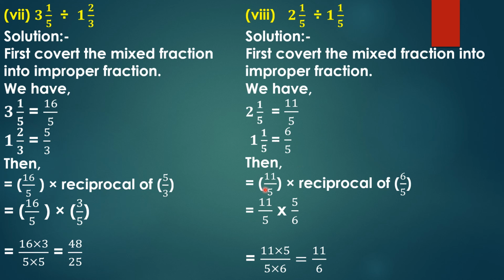Now 11 by 5 into the reciprocal of 6 by 5, which is 5 by 6. Therefore 11 into 5 divided by 5 into 6 equals, what is 11 5s are 55. Otherwise we can cancel 5 and 5. So what is remaining? 11 by 6 is the answer for the question.